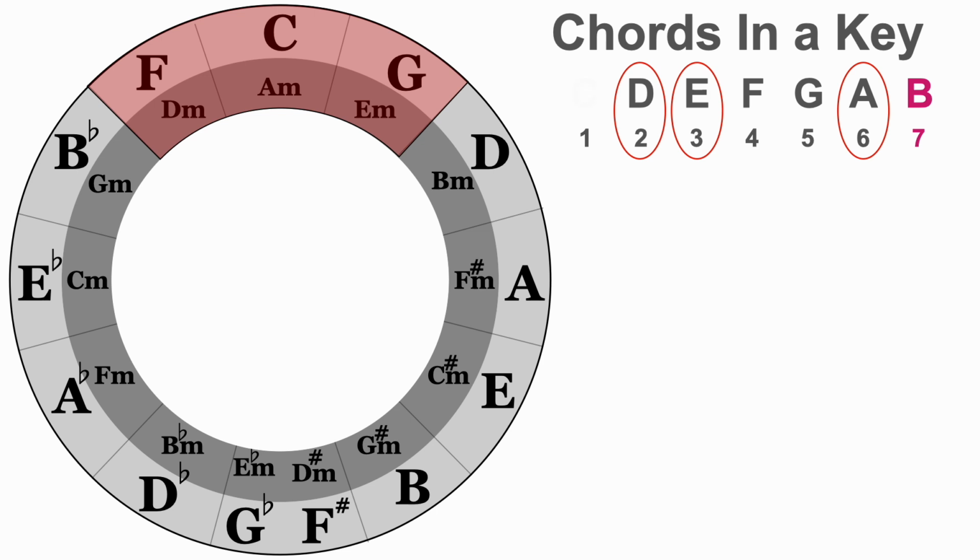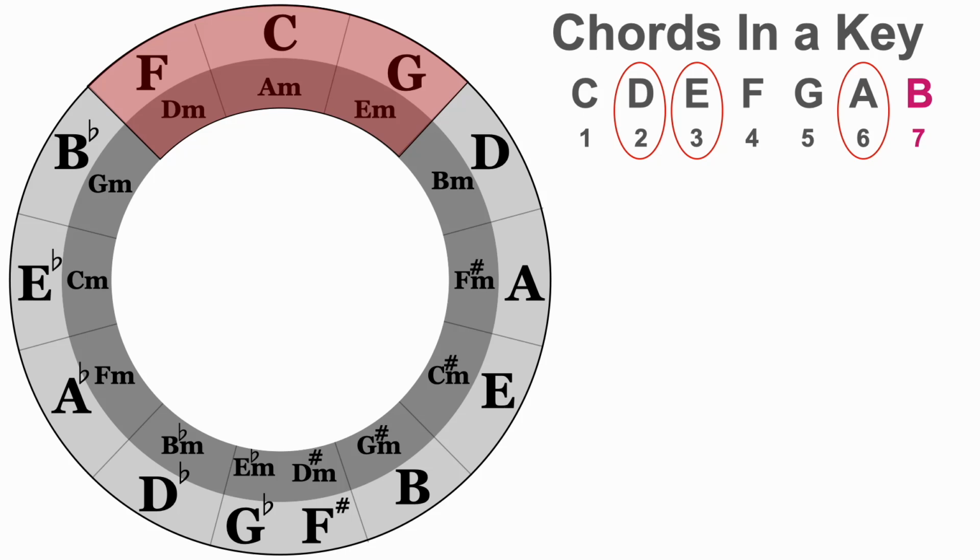Correspondingly, that also means that the first, the fourth, and the fifth chords of any major key are always going to be major, just the way it works out. There are times when this gets broken, and that's fine. Know the rules and then you know where to break them. But every major key that you come across, the second chord, the third chord, and the sixth chord are going to be minor. The first chord, the fourth chord, and the fifth chord are going to be major, and the seventh chord is going to be diminished.